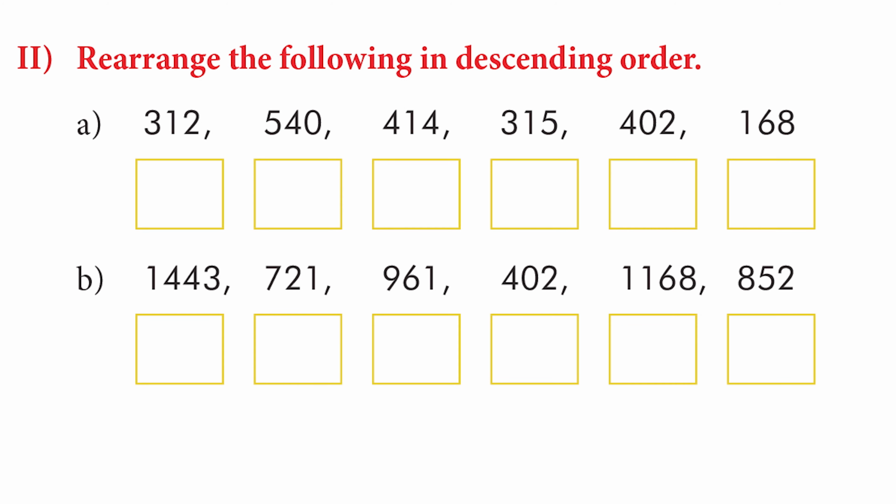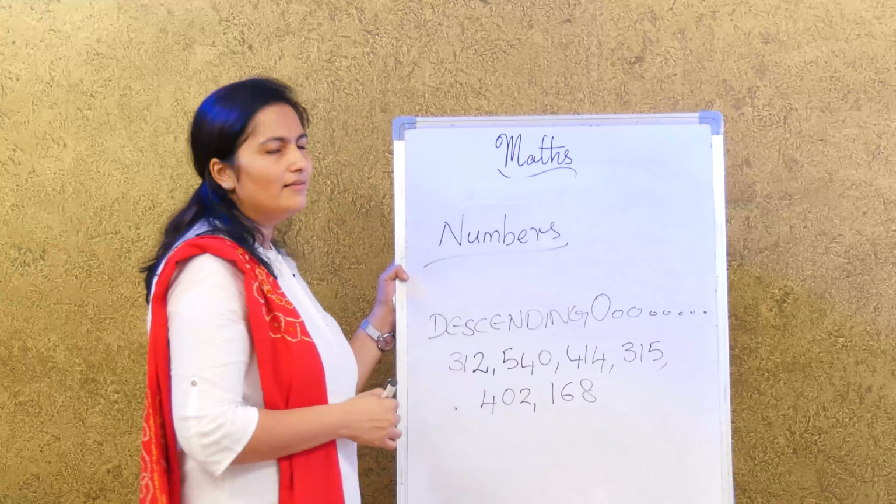Descending. Let us take an example from your book, page number 65. The numbers given are 312, 540, 414, 315, 402 and 168. I am sorry. So, these are our sums.